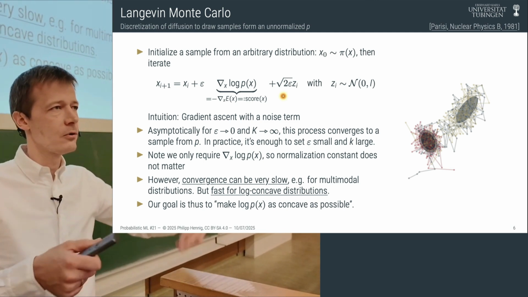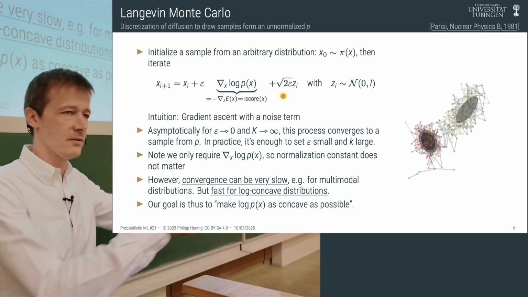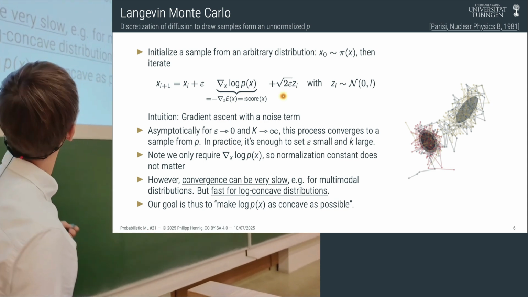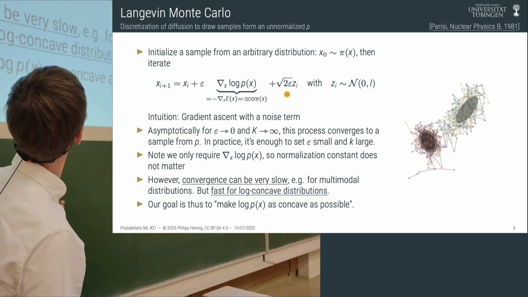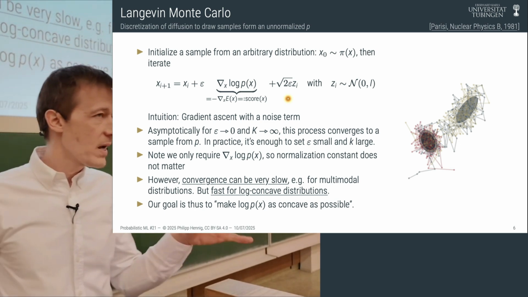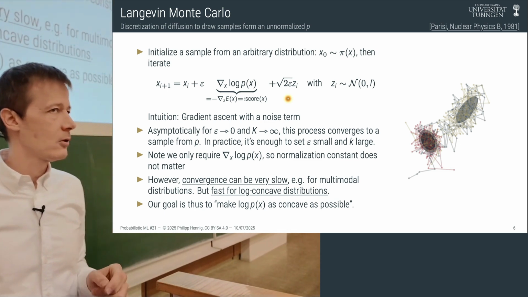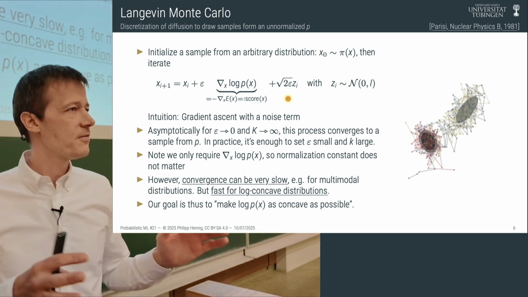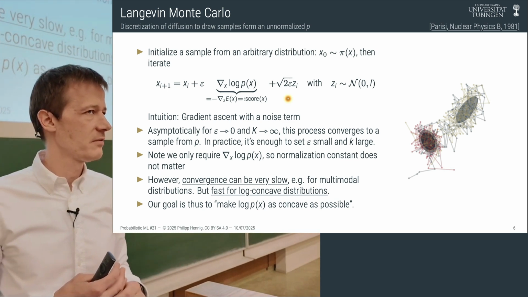Another question is just how large does the noise have to be relative to the gradient so that we end up in the right distribution, and it just happens to be exactly this value. So an epsilon here and a square root of 2 times epsilon here. There is actually a way to motivate this from the Hamiltonian Monte Carlo perspective as a very specific form of very naive solution to an ordinary differential equation.